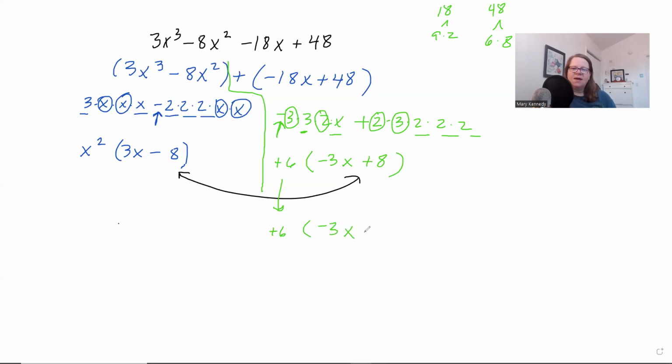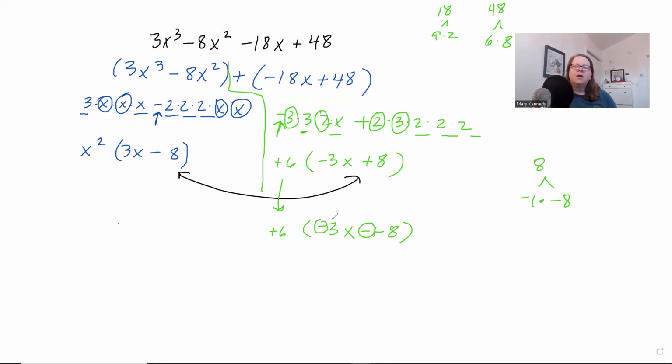Well, a positive 8 is the same as minus a negative 8, right? Positives always have two negatives in them, technically. You could think of it as -1 times -8, right? That is positive 8. 1 times 8 is 8, negative times negative is positive. So we can write it that way so that we can see that they actually have a negative in common.